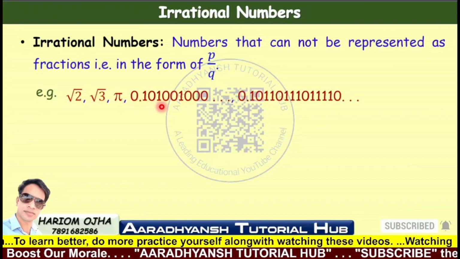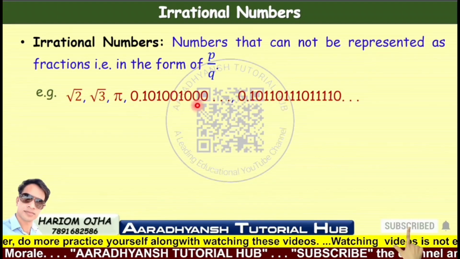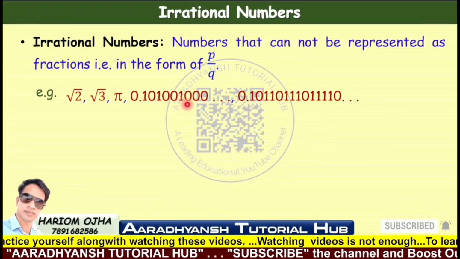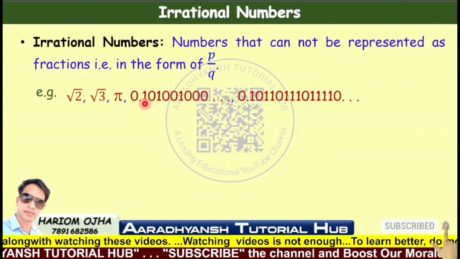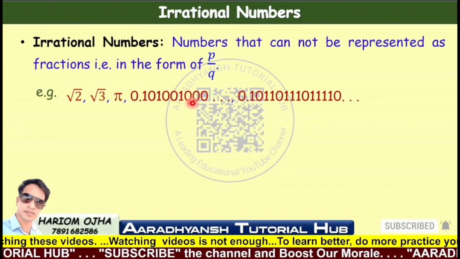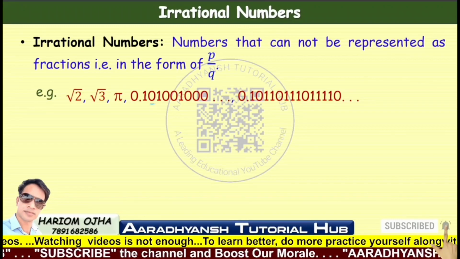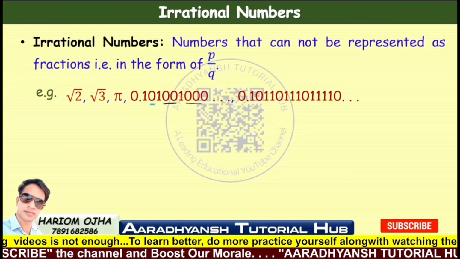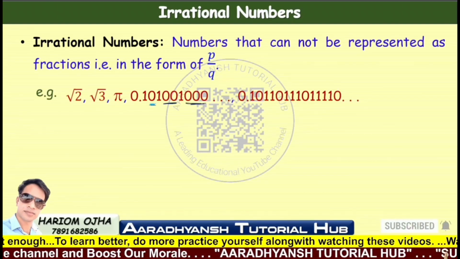And watch these two examples also. In these two examples, you can see 0.10100, and so on. Means after every sequence, 10 is increased. Here there is only 10 and next 2 zeros, then 3 zeros. So this sequence will continue infinitely.